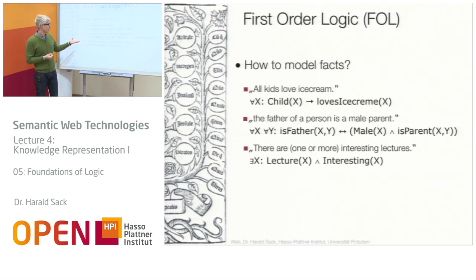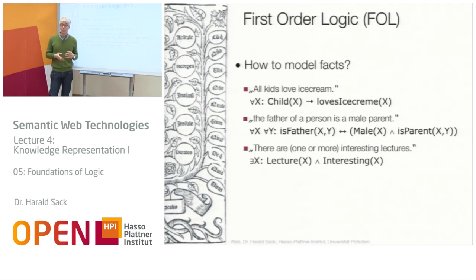Another thing, there are one or more interesting lectures, so there exist interesting lectures, which I hope. Then you say this fact in first-order logic, there exists the variable x, where x is a lecture and x is also interesting.